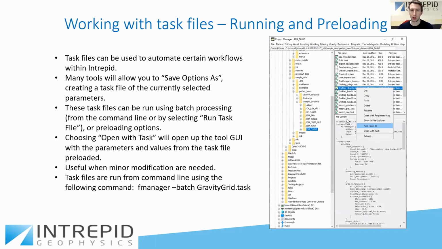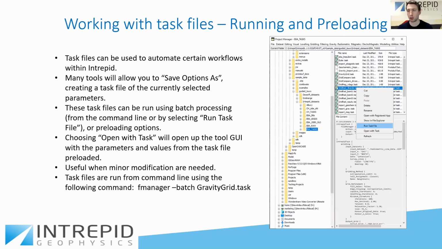These task files can be run using batch processing. You can either do this from the command line or by selecting Run Task File when you right-click on the task file and then follow the drop-down menu. If you right-click and then choose to Open with Task, it will open up the GUI with the parameters and values from the task file added to the GUI.